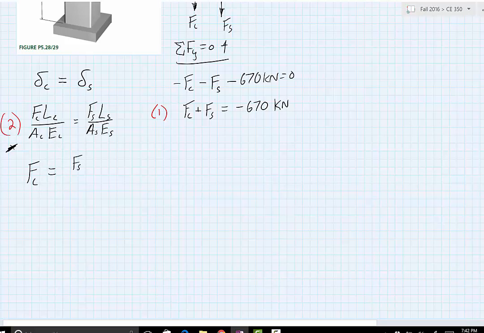So it'll be F sub S L sub S divided by A sub S E sub S, multiplied by area sub C, modulus of elasticity, and then length.